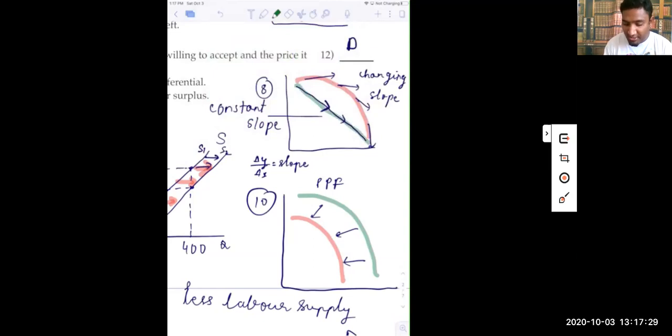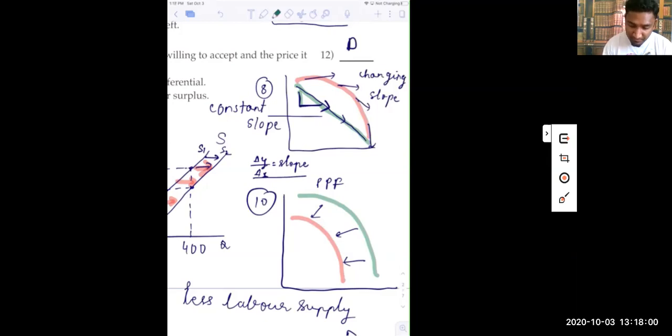Slope is basically the change in the quantity of y upon the change in the quantity of x, which is delta y by delta x. Along this green line, the change in y with respect to change in x is the same everywhere, is constant. That is why we say that this line has a constant slope.